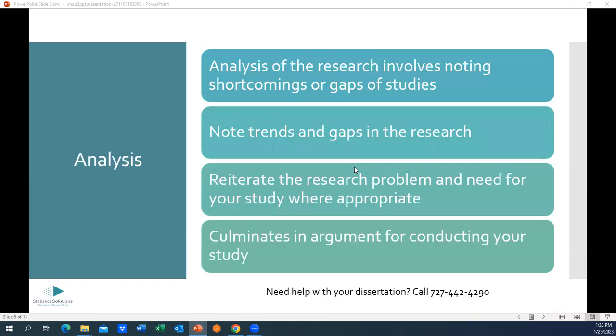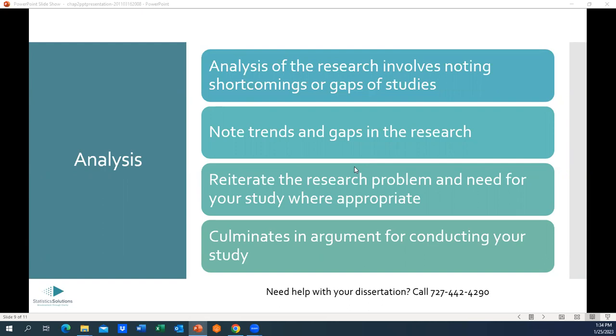Okay, analysis. This is the other part, and we kind of talked about it. That involves noting gaps or shortcomings in the research, right? Weaknesses, because those are things you can say that you're going to address. So note trends, note gaps in the research, reiterate the research problem and the need for your study where it's appropriate.